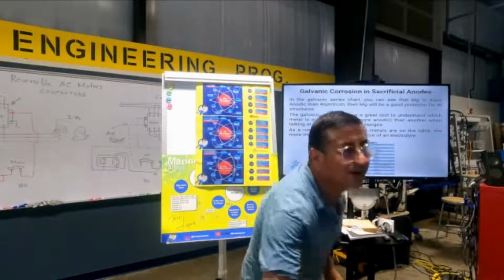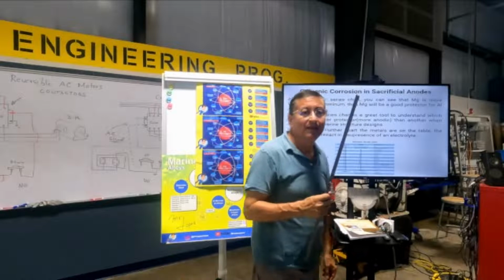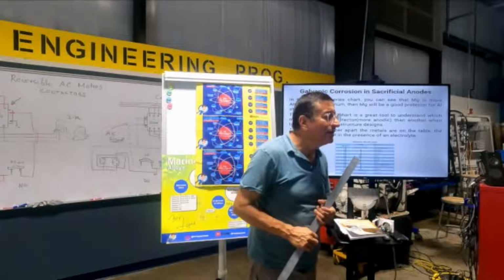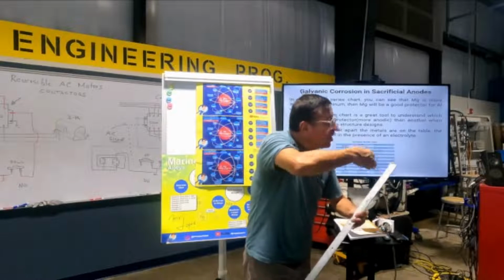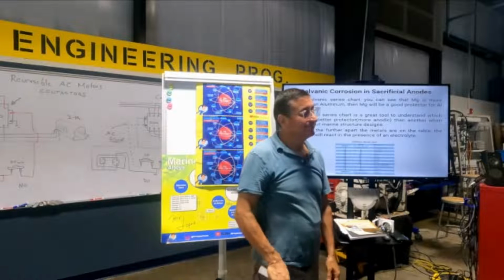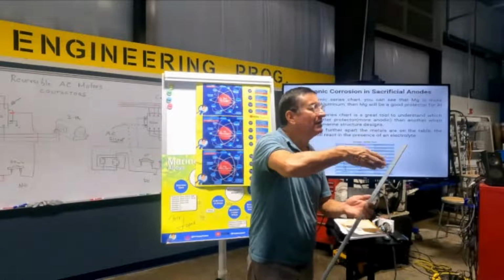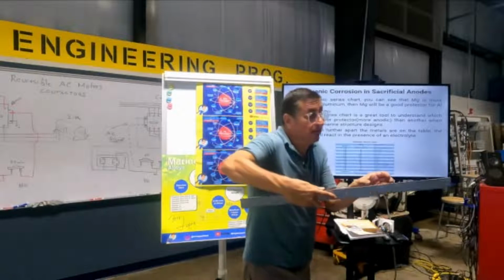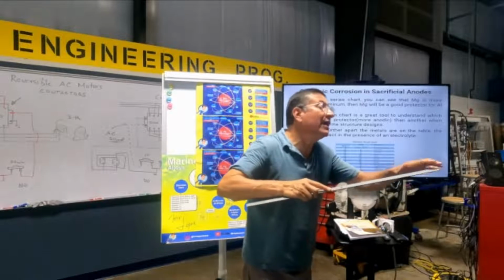Galvanized steel, look, galvanized steel is a good anode. Why? Because it's iron covered with zinc. Of course, I can use that element to protect until the zinc disappears.